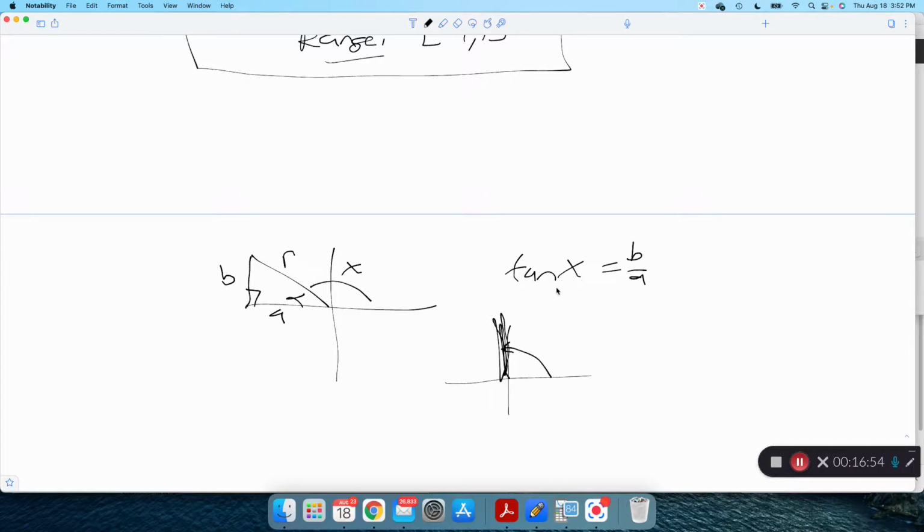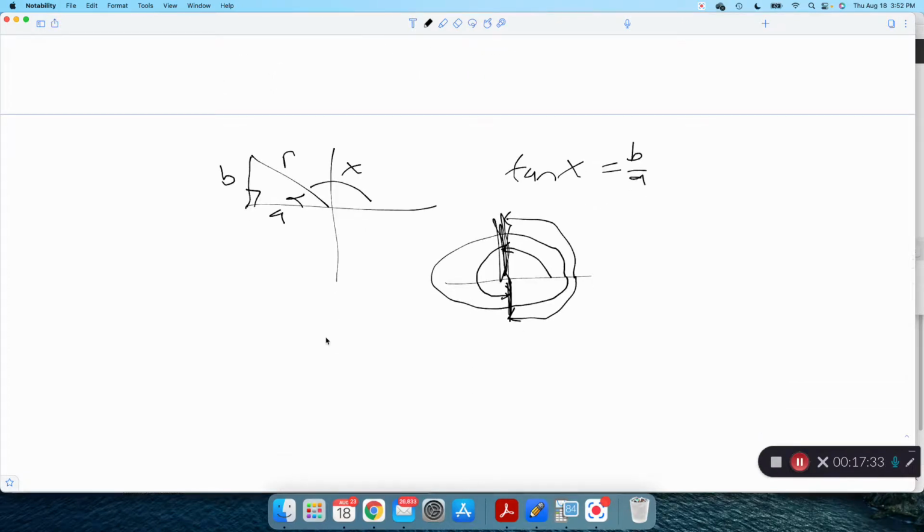We can't divide by 0. Tangent has domain issues. That's any time my angle is 90 or 270, or all the way around 360 plus another 90, or backwards -90. Any of the 90s or 270s are going to make A equal 0, and we can't divide by 0. So tangent will be undefined at those points.